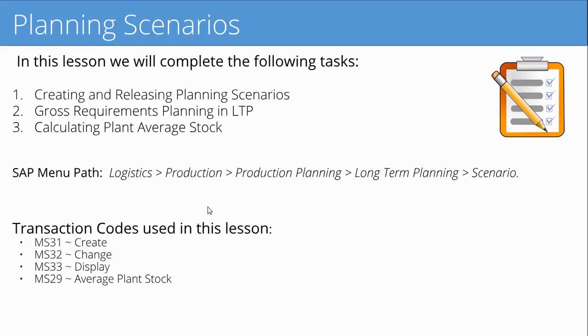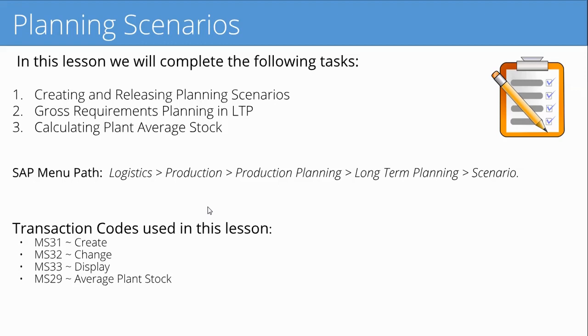Now I will preface this with when we get to the changing of scenarios. Once you create a scenario, you can change it up until the point that you release and save it. Once you release and save it, it's a little bit more challenging to change.